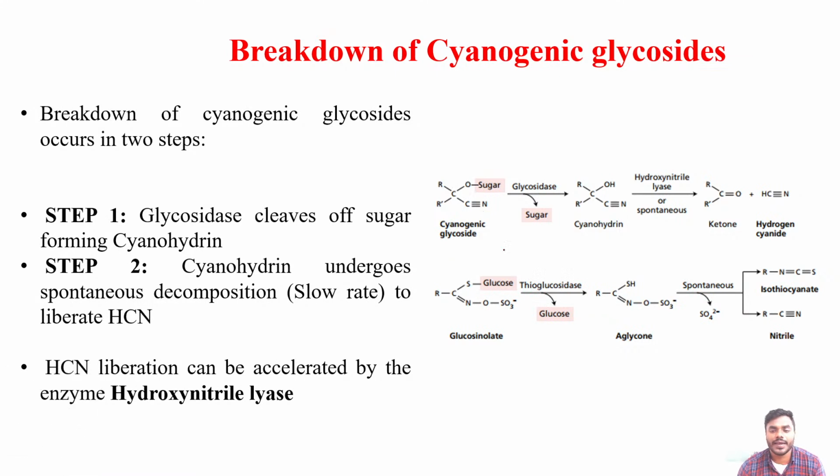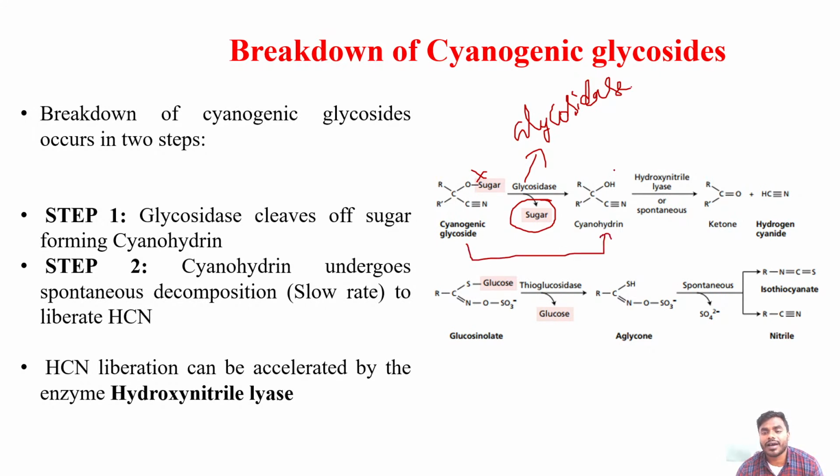Listen to me carefully. There is an enzyme called glycosidase enzyme. What is this glycosidase enzyme doing? This glycosidase enzyme is cleaving the sugar. Upon cleaving the sugar, cyanogenic glycoside is converted into cyanohydrin.